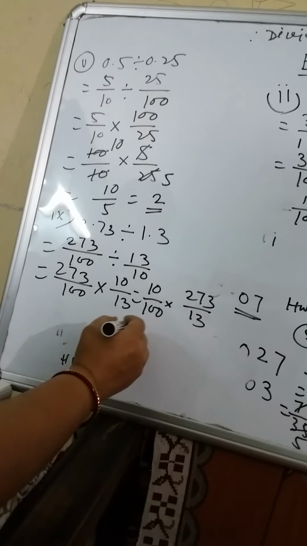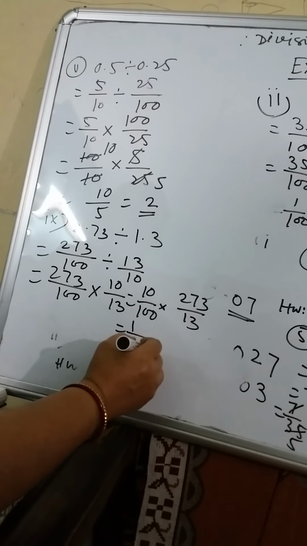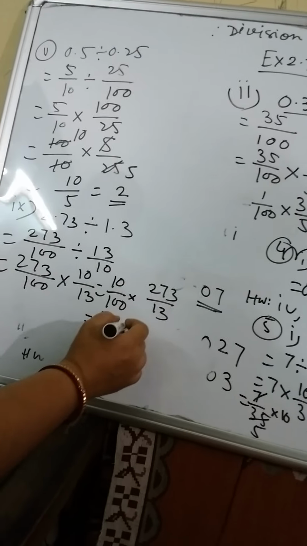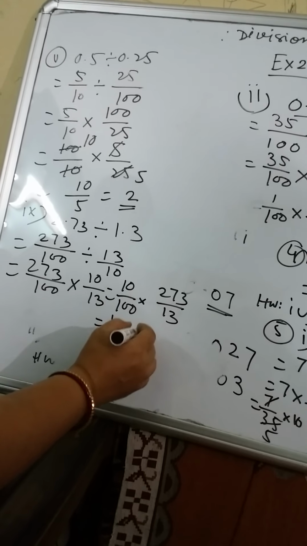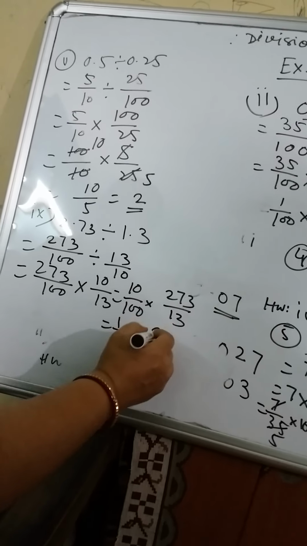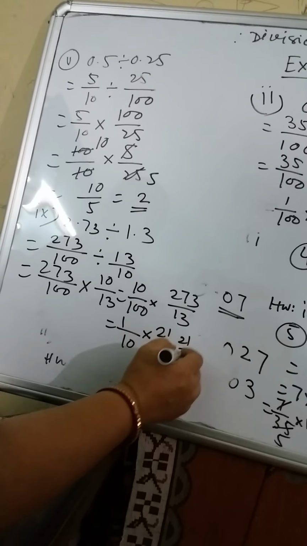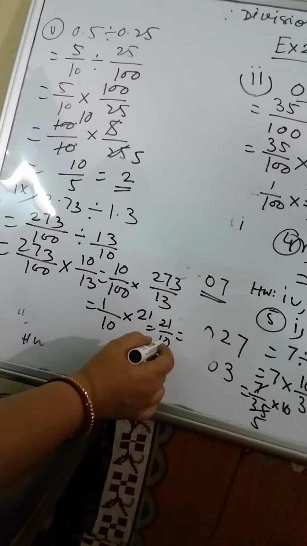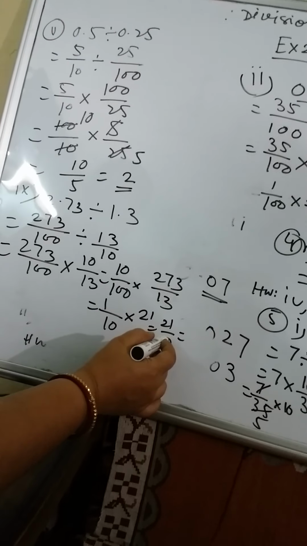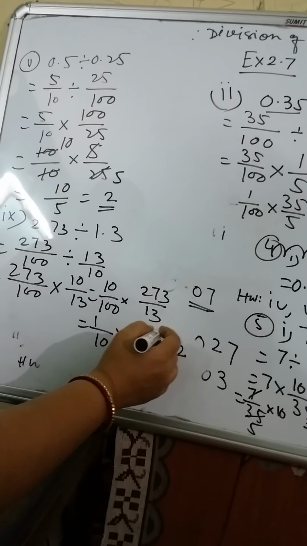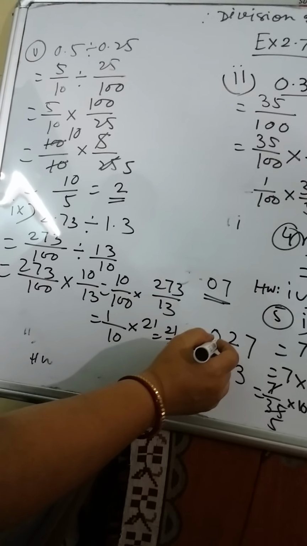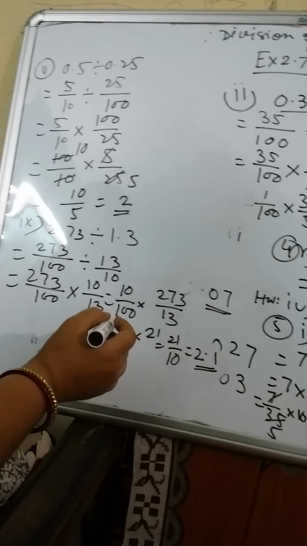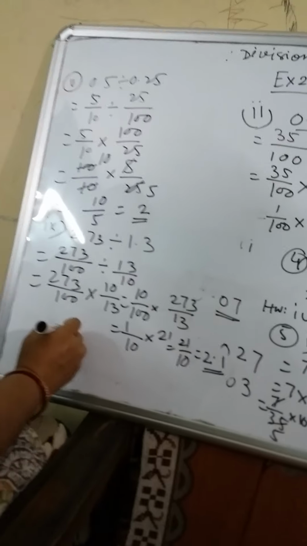This is 1 by 10. If I divide this, it will be 21. So it is 21 by 10. 21 by 10 means you are dividing by 10. So how many zeros? 1 zero. So your decimal will shift 1 place. So it is 2.1.